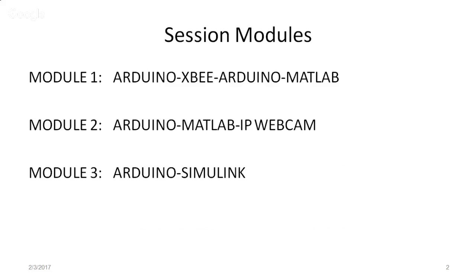In the present session, I basically divide the content into three modules. In module number one, we will introduce Arduino communication with Zigbee and with MATLAB also. In module number two, we will see how we do MATLAB interfacing with the IP webcam and your Arduino board.